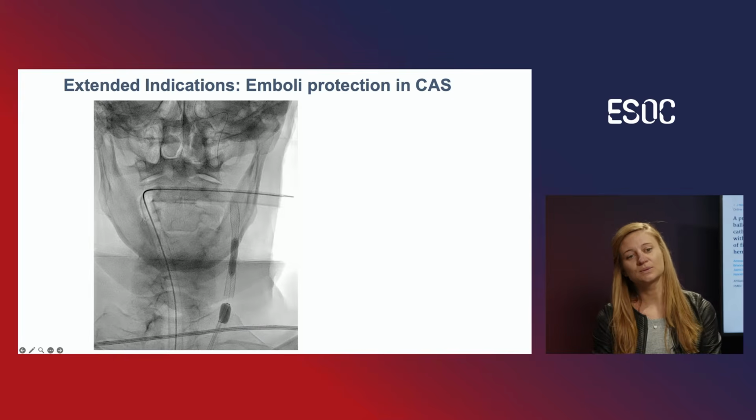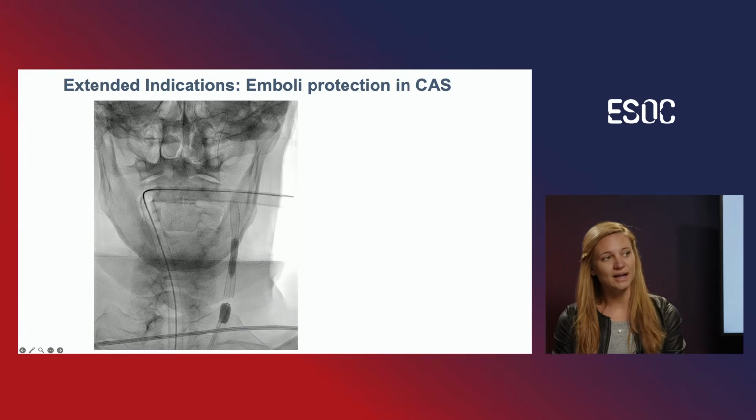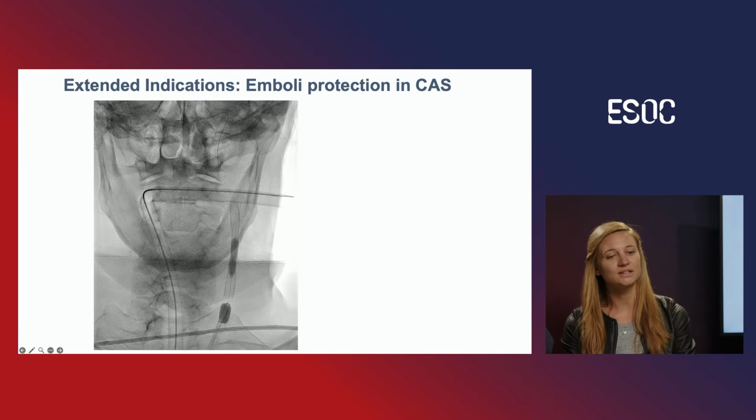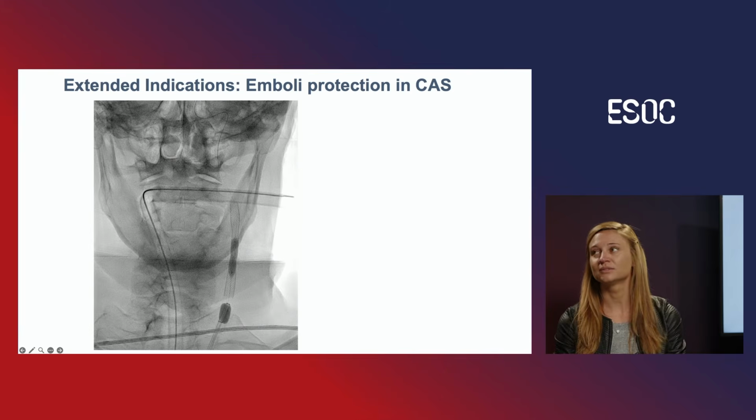What we always do when we do elective stenting, we always use the balloon guiding catheter during the navigation, during the PTA, and during the stent placement, and have backflow on the balloon guide or aspirate on it to prevent emboli. So also in elective cases of carotid stenting, nowadays you use a balloon guide?